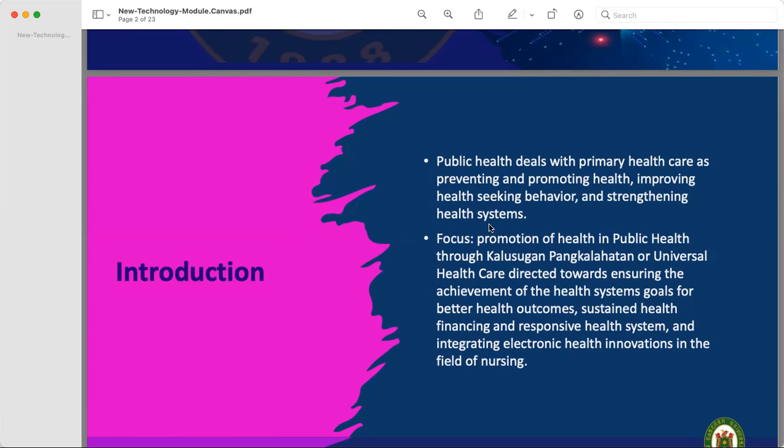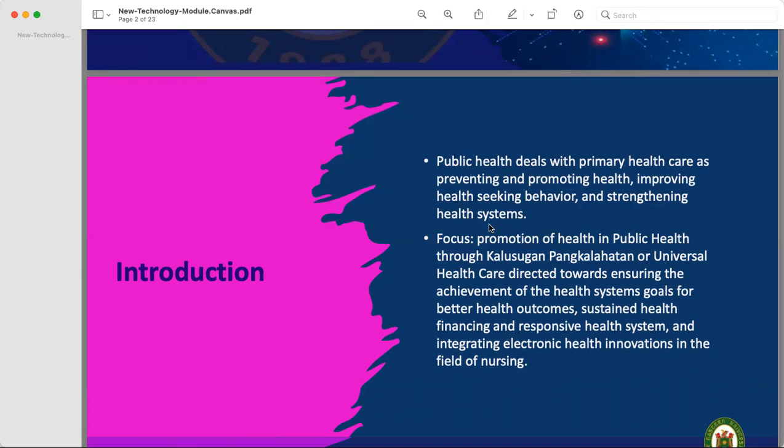And these are preventing and promoting health, improving health-seeking behaviors among the individual patients in the community, their families, the population groups, and the community as a whole. And also, one of the objectives in public health is to strengthen the health systems.